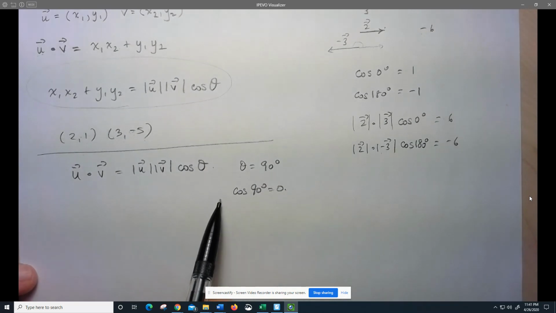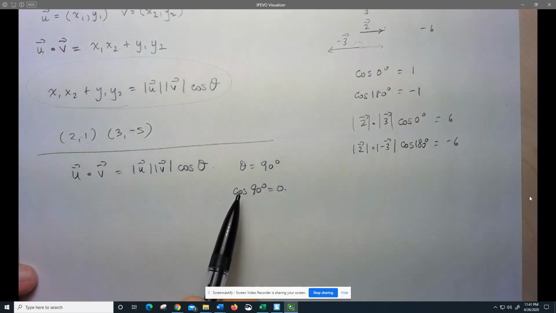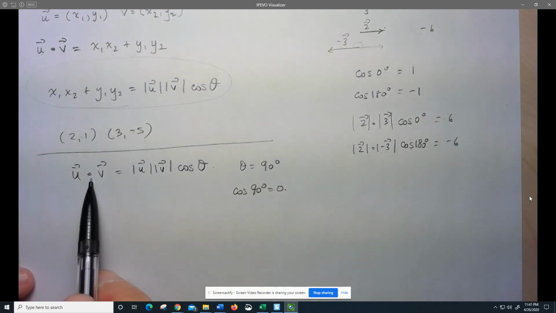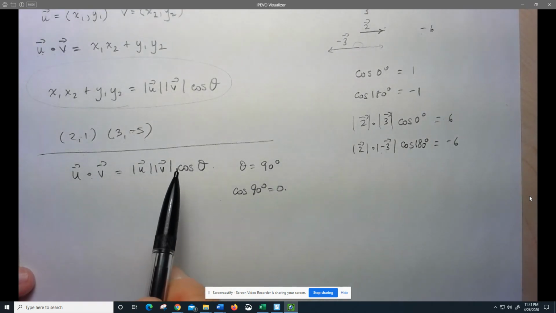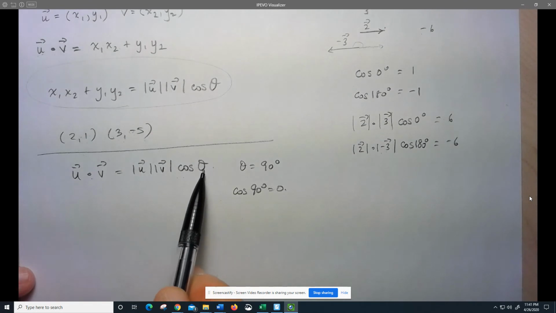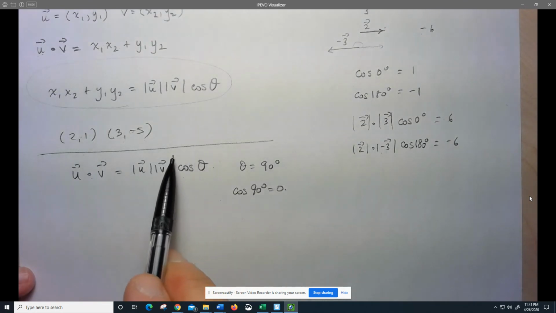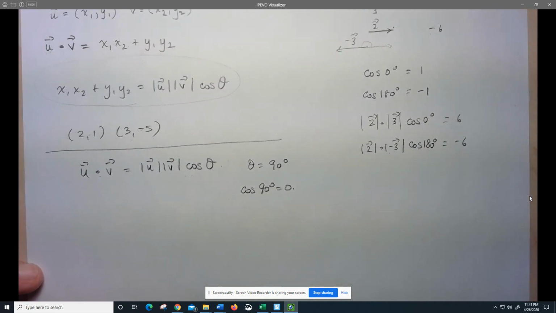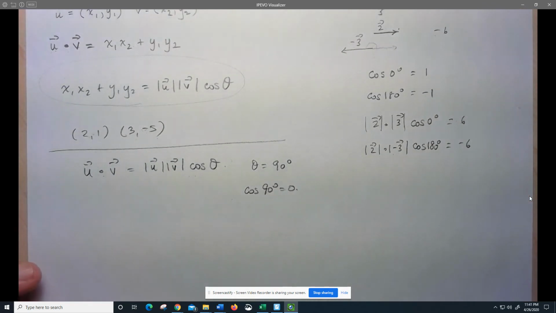So that means if 2 vectors are perpendicular to each other, then the dot product must be equal to 0, because the angle between them will be 90, and so cos of 90 is always equal to 0. And that is going to be another very useful thing when it comes to the dot product.